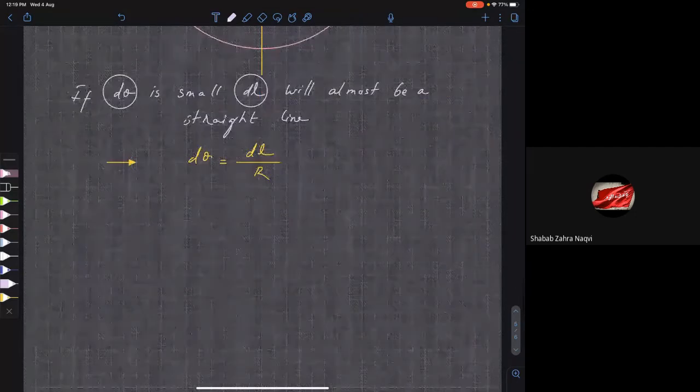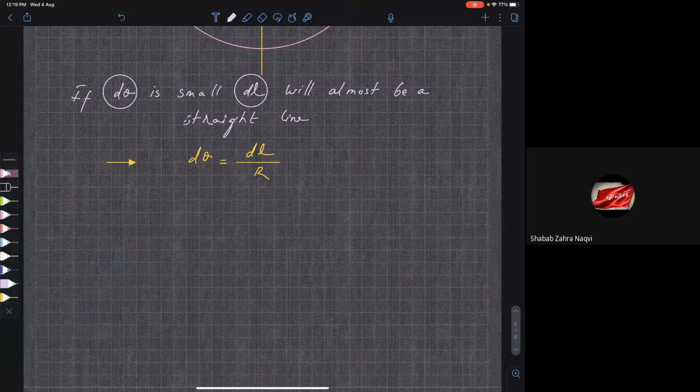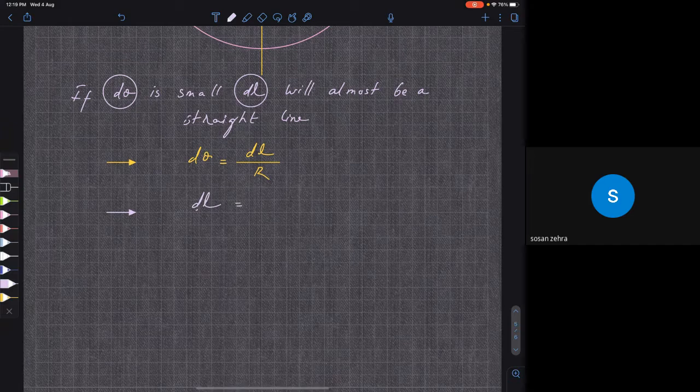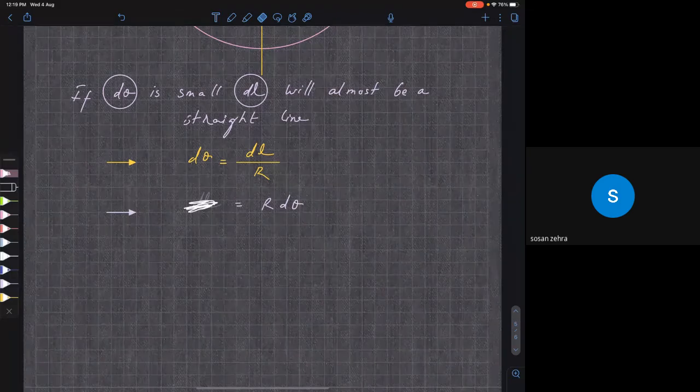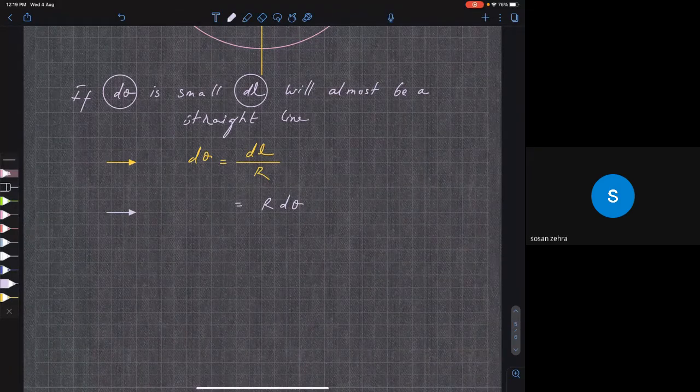What is dl equal to? d theta into r. So dl equals r d theta.